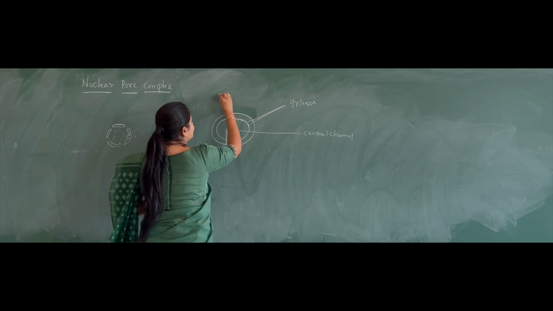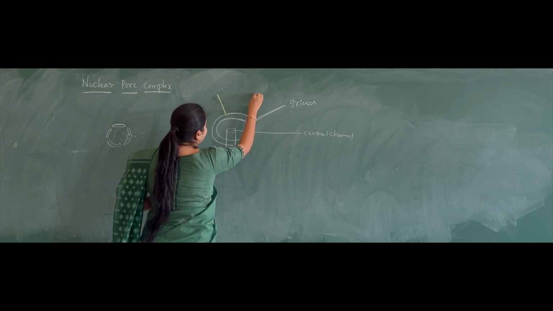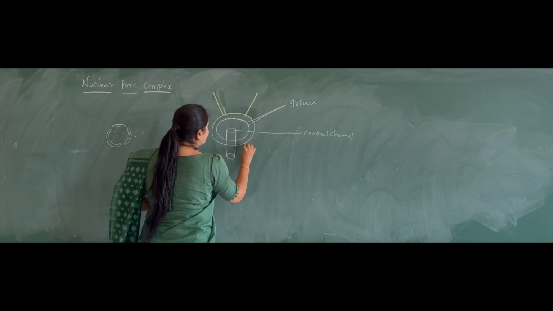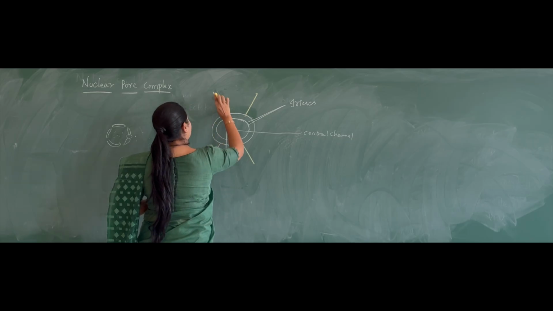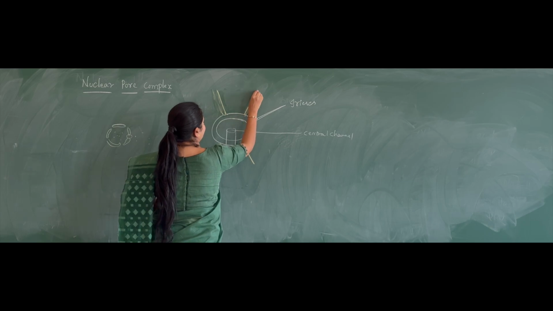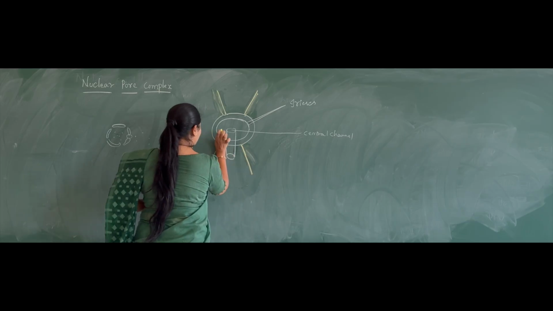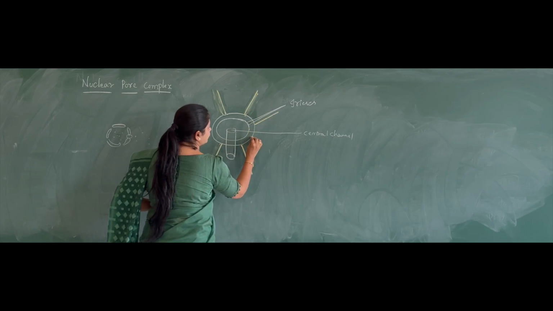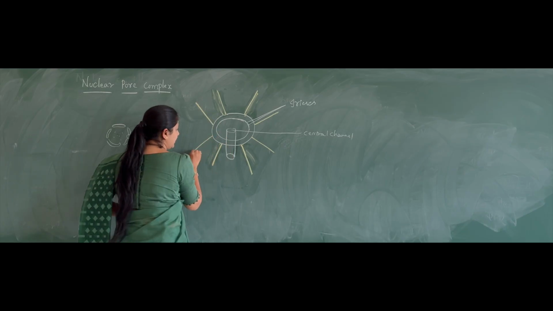So let us first draw the spokes properly. One, two, three, four, five, six, seven, eight.